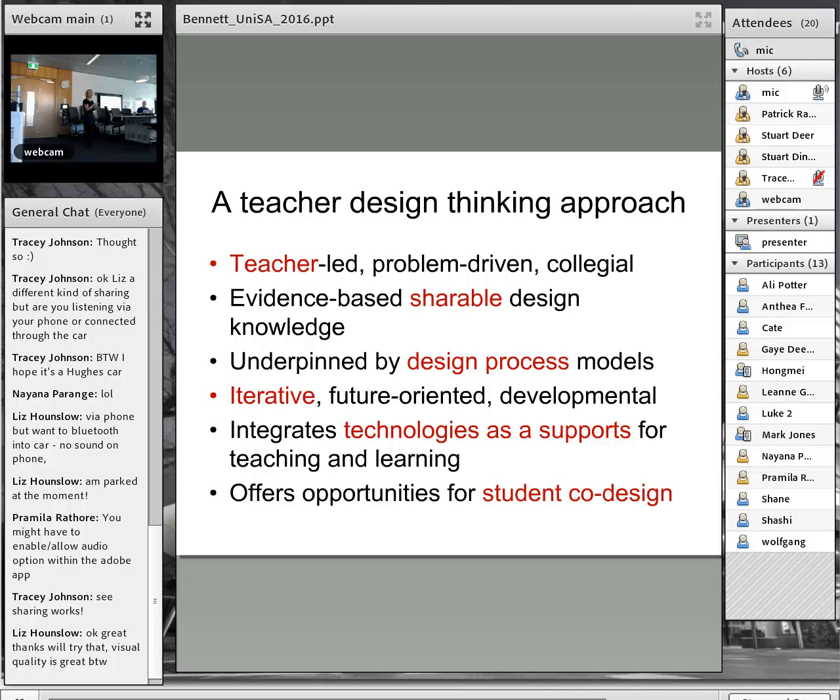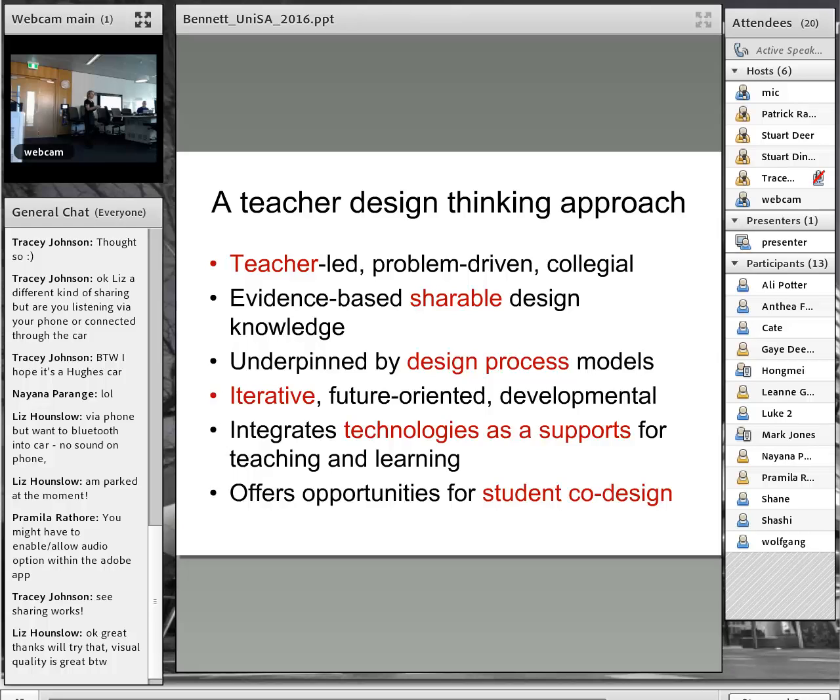So if we were going to open space for students to design with us, we would have to treat that differently. So I think there are some open questions about how we might invite students into our design practice if we were going to be more design savvy. But there are a lot of interesting ideas that we could take up if we had a more design thinking approach.